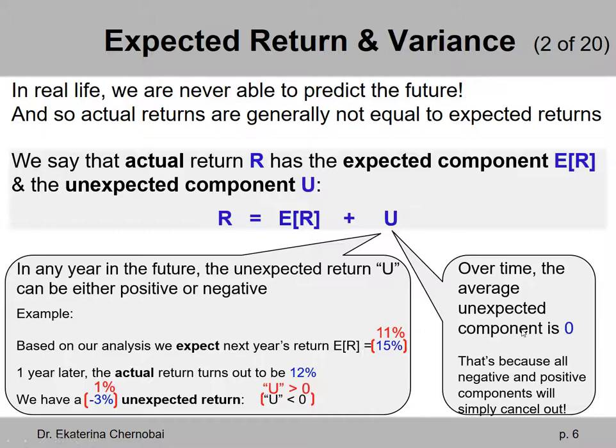We are always reasonable in making our predictions about how high of a return we may earn. But sometimes we will be underestimating, sometimes we will be overestimating. And on average, we will break even. On average, our error will be 0. And that's because all negative and positive components of the actual return will basically cancel each other out.